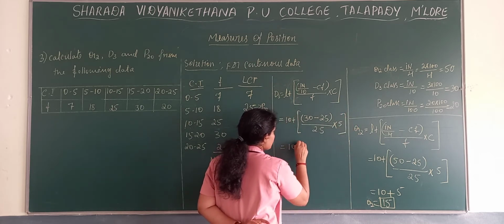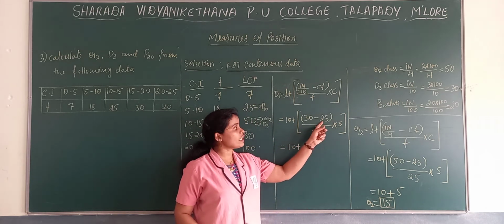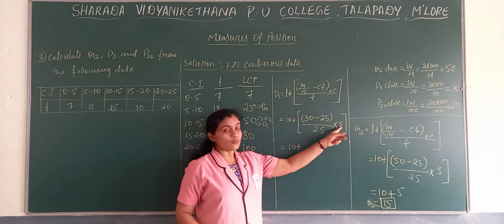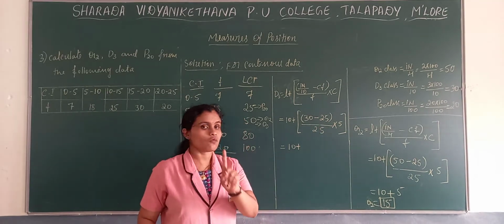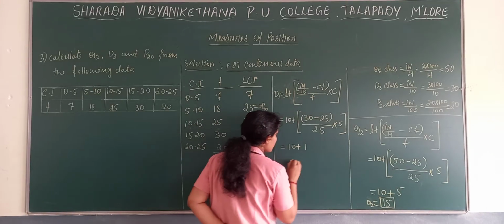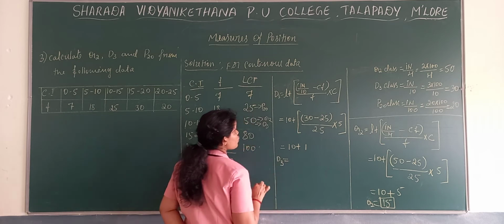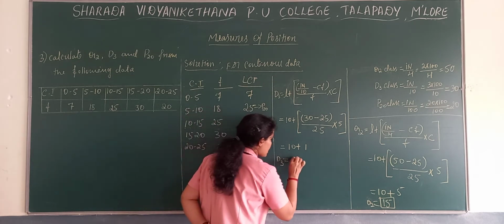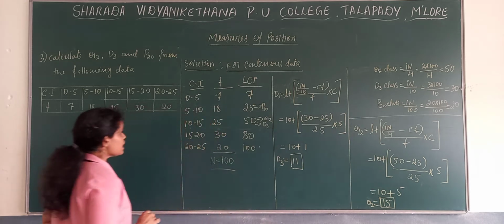Now 10 plus 30 minus 25 gives 5. 5 into 5 is 25. So 25 by 25 is 1. So your D3 value is 11.